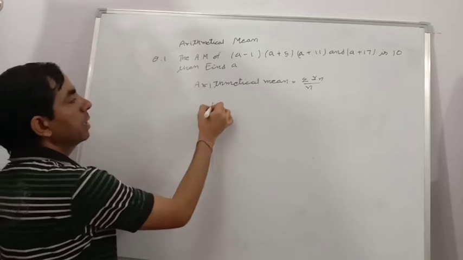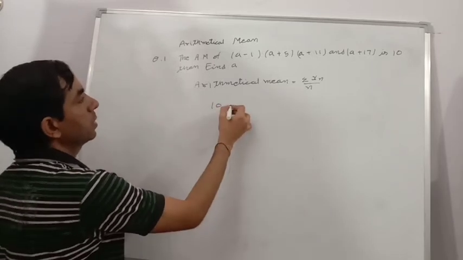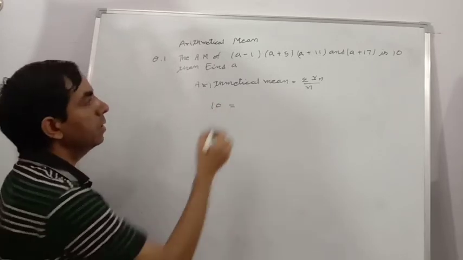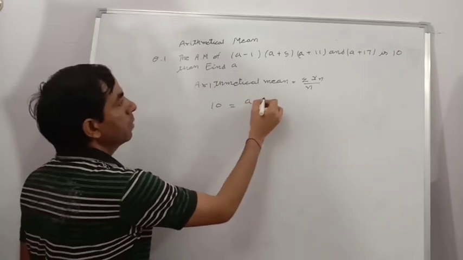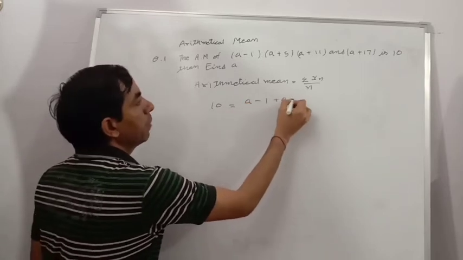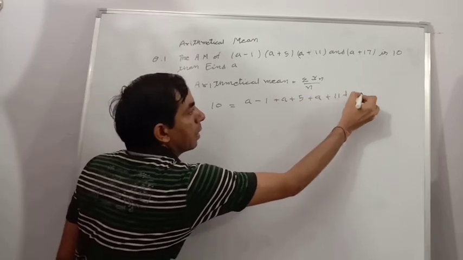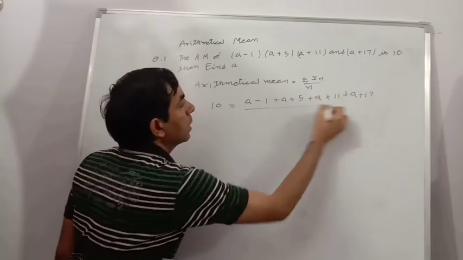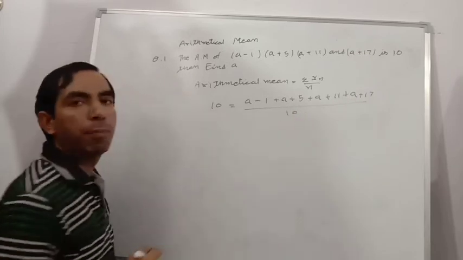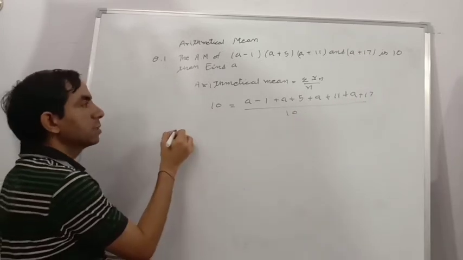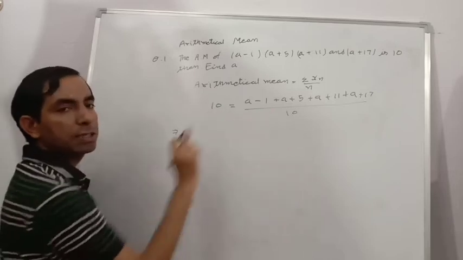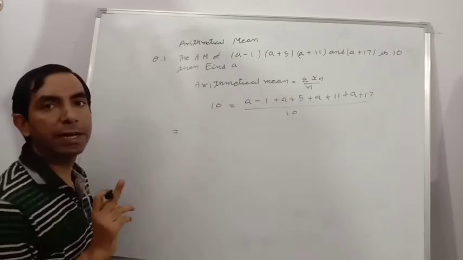We have been given the arithmetical mean is 10. Second, the sum of observations: a minus 1 plus a plus 5 plus a plus 11 plus a plus 17 upon 10. Next, we do the cross multiplication and solve the numerator of the right hand side.